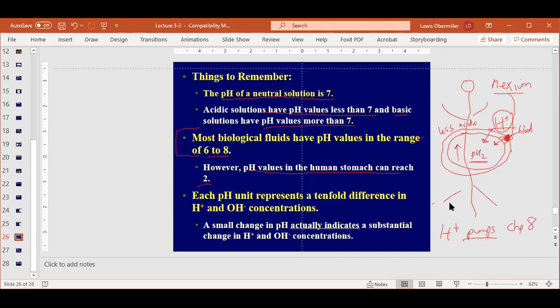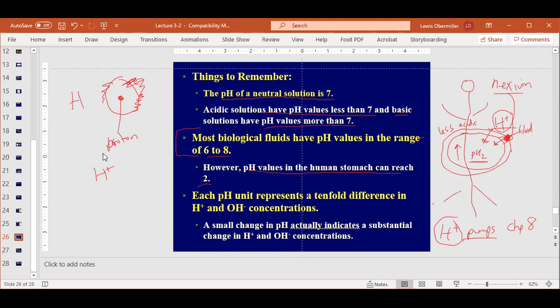This is a proton, right? Because hydrogen normally is one proton and one electron. But if we take away the electron, we make H plus, which is what's left.